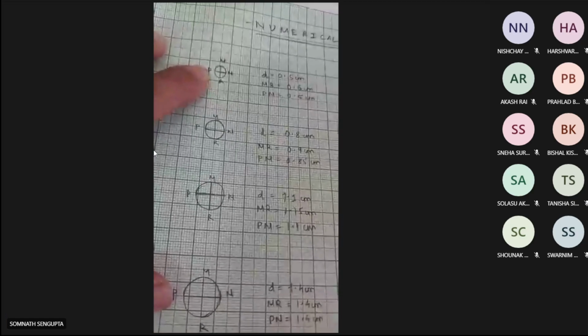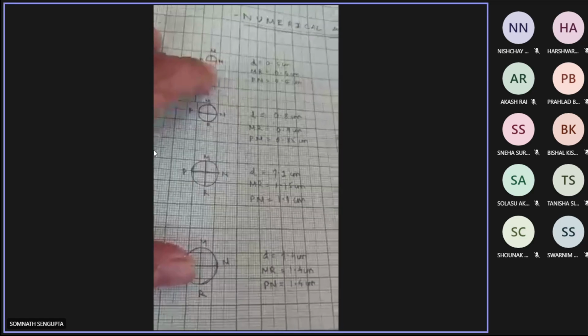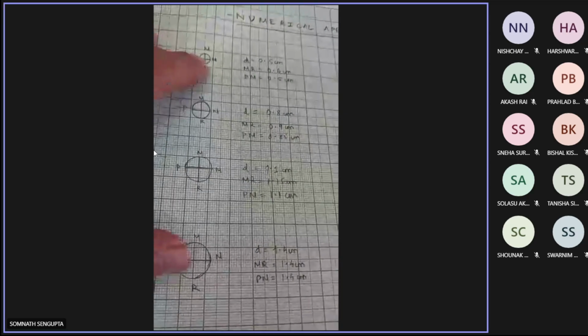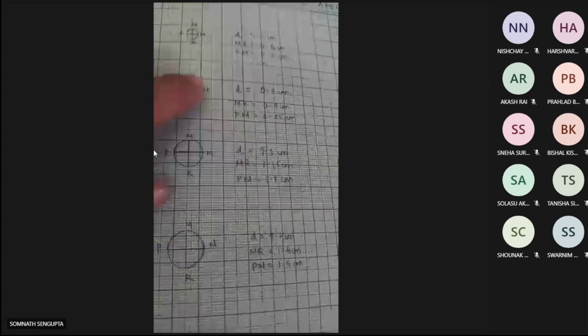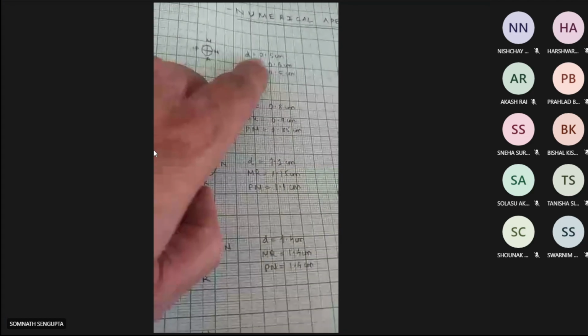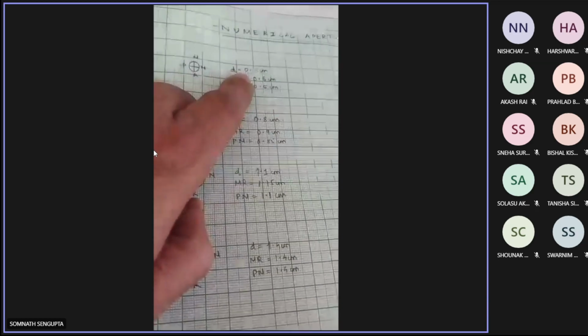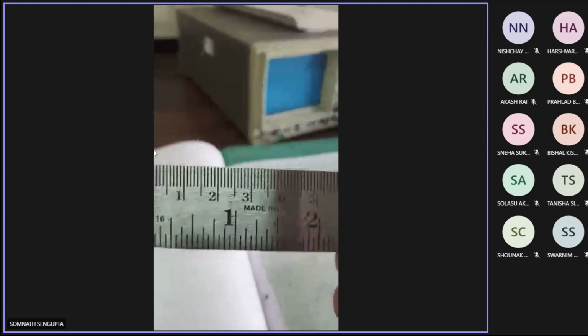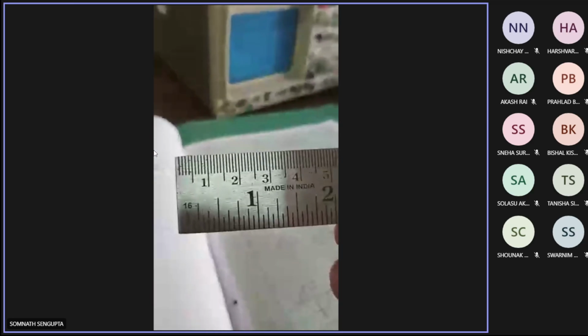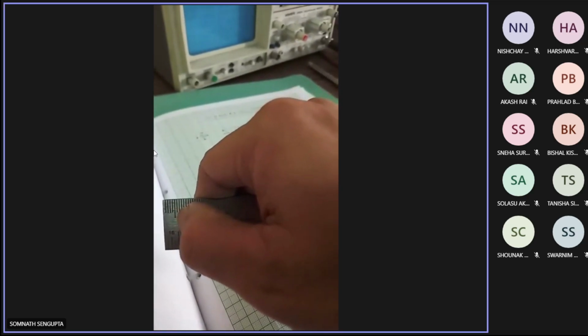Some people from a previous batch have done it this way. We can see that this is vertical and this is horizontal. So this is a small circle, and in this case the distance between the paper and the fiber end is 0.5 centimeters. So you have to use this scale. This is 1 centimeter, and this is 0.5 centimeter.